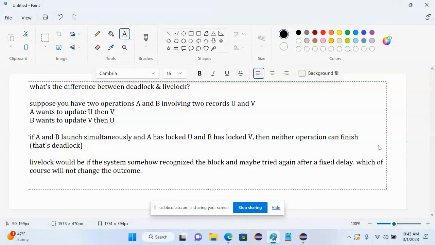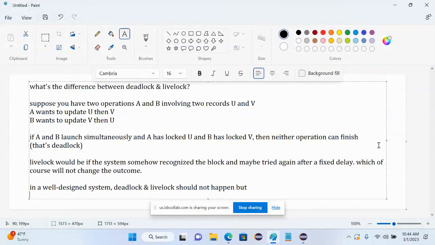Both of these operations are going to get canceled. We're going to push them back into the database queue to see if we can try them again in a few seconds. But if you push them both in at the same time again, they're going to happen simultaneously. You're going to have this same problem again just a few seconds later. It's going to keep on repeating. Okay. As always, in a well-designed system, deadlock and live lock should not happen, but what?